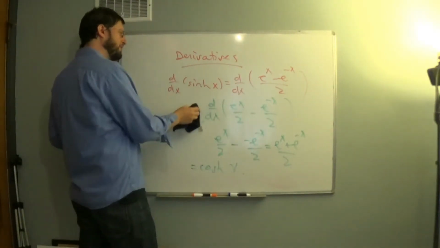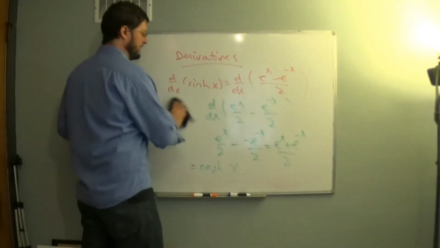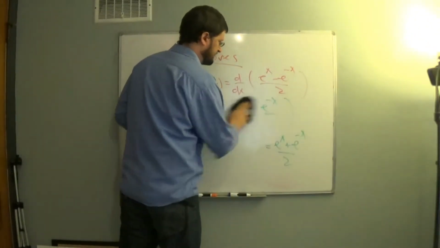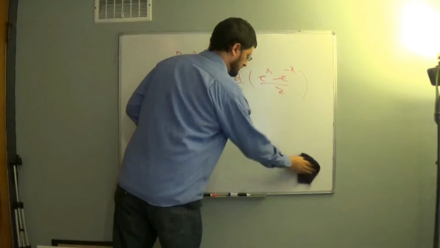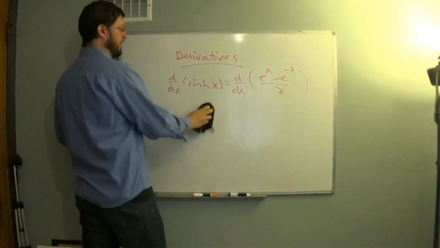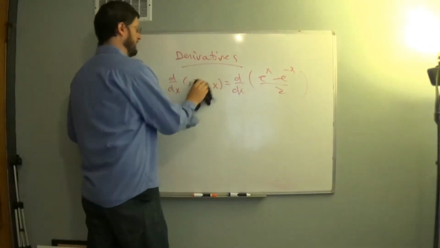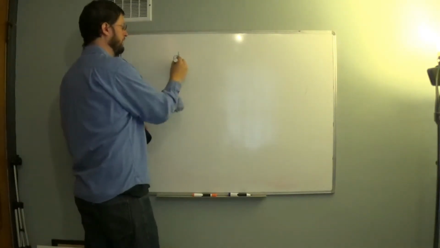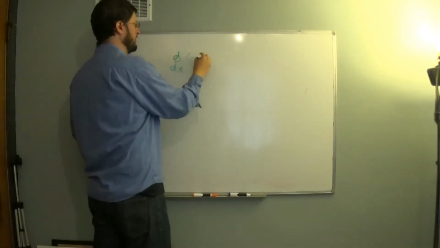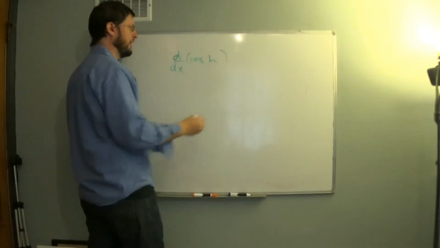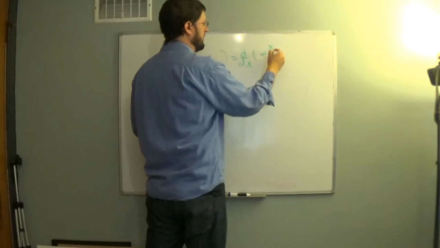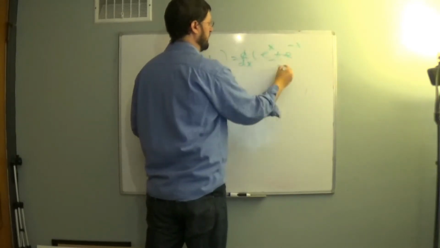The derivative of cosine, though, doesn't quite work the same. And so we have to be a little bit careful when we're looking at hyperbolic functions. If I want the derivative of hyperbolic cosine, that's the derivative of e to the x plus e to the negative x over 2.